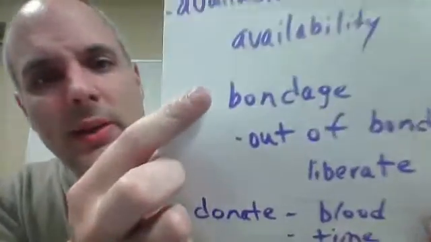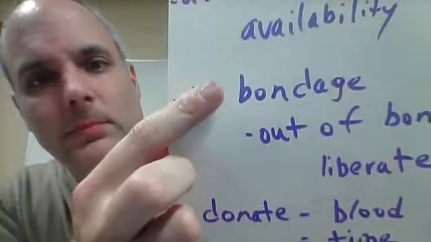Okay, the second word is bondage. Bondage, okay? Now, you can think of this word like the word bandage. Like if you cut yourself and you put a bandage on your head, on your forehead, you can think of it this way. Here's bandage.